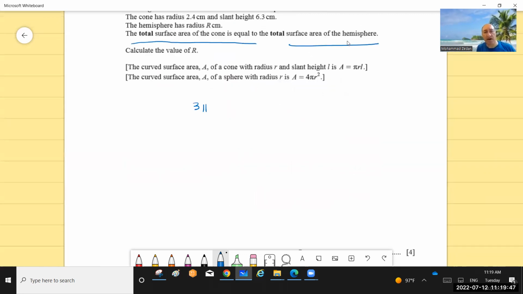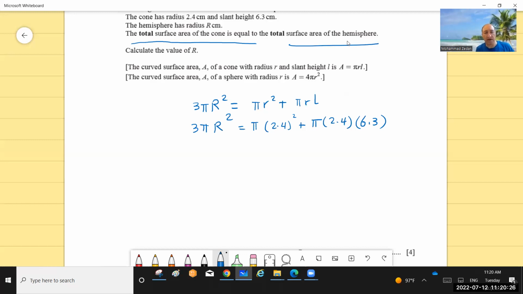The cone's total surface area is the circle pi r squared plus pi r l. So pi times the radius of the cone 2.4 squared, plus pi times the same radius 2.4 times the slant height 6.3.